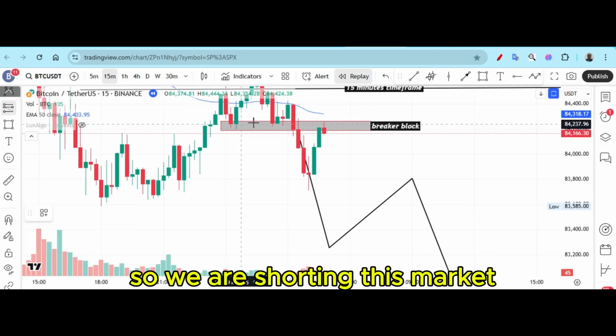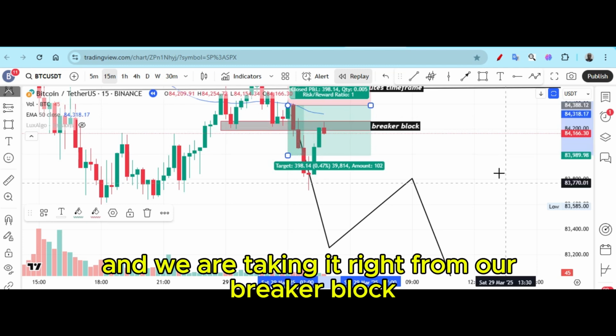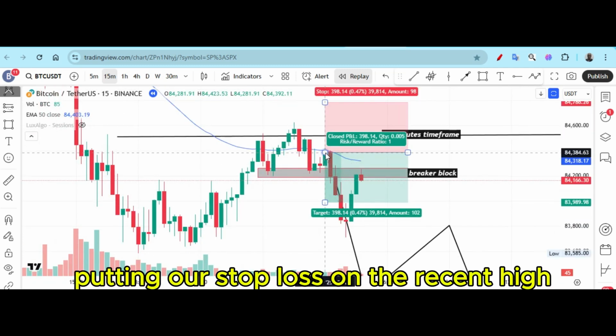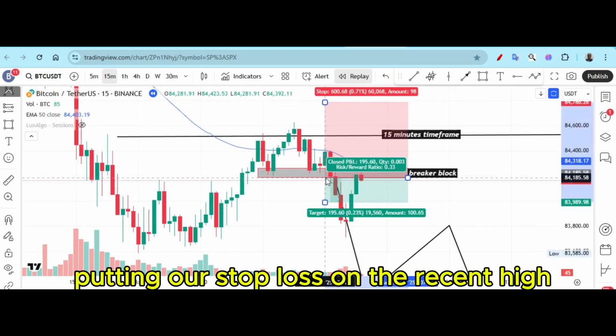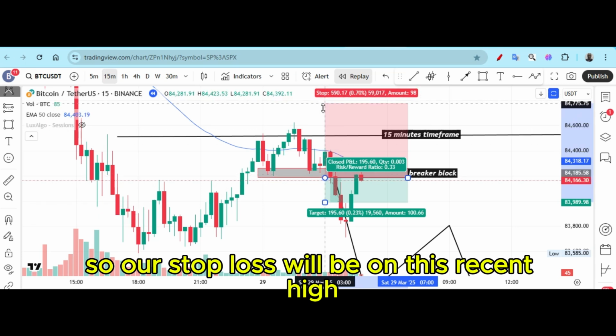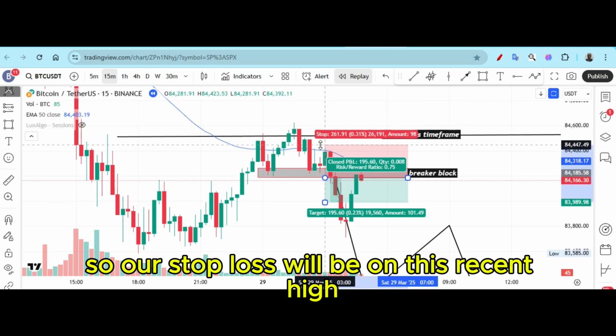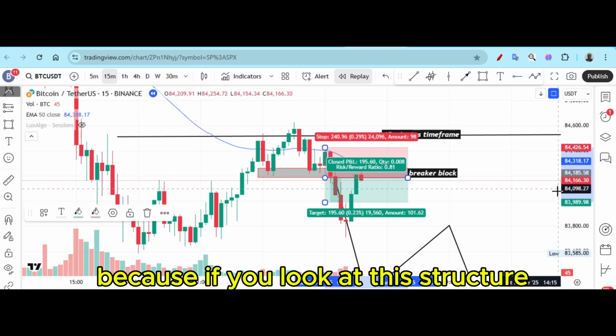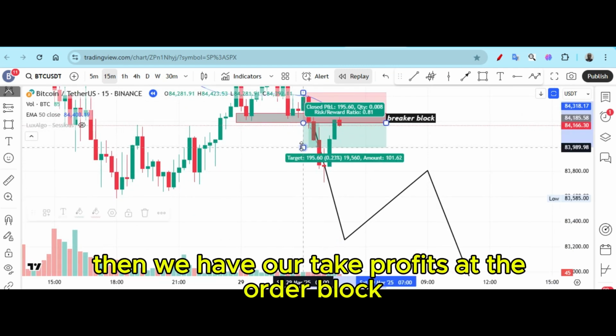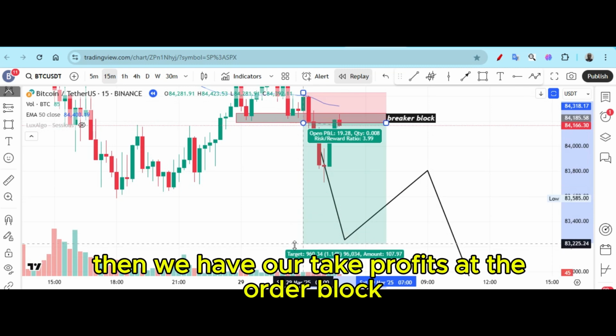So we are shorting this market, and we are taking it right from our breaker block, putting our stop loss on the recent high. So our stop loss will be on this recent high, because if you look at this structure, it's more like a swing. Then we have our take profits at the other block.